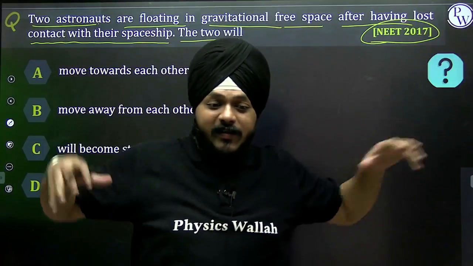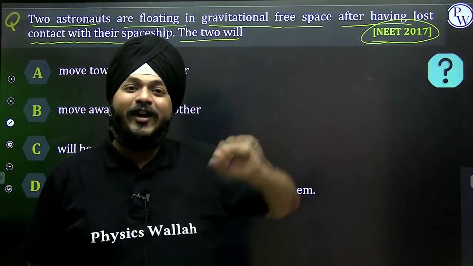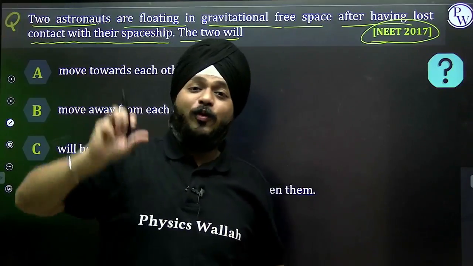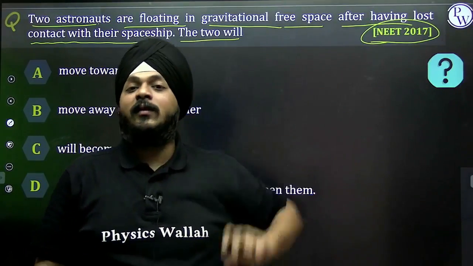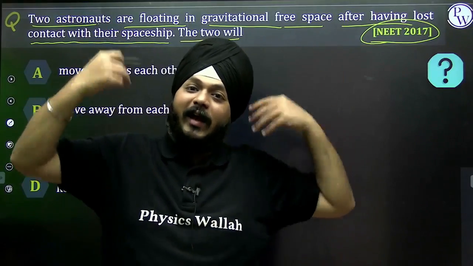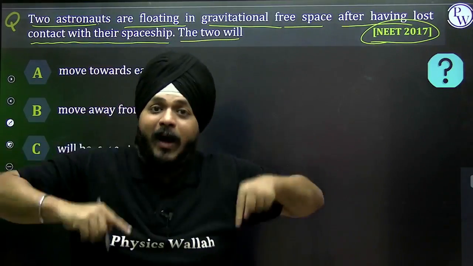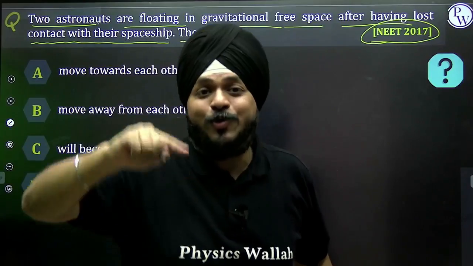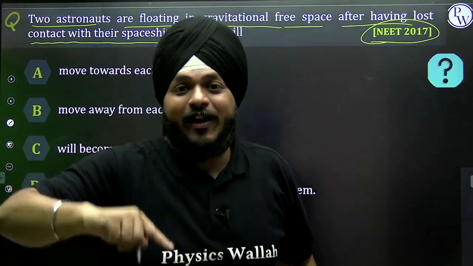So in the entire space, one astronaut is at some point with position r1, and the position of the second astronaut is r2. Now they are not in contact with the spaceship, but there exists a mutual force of attraction.